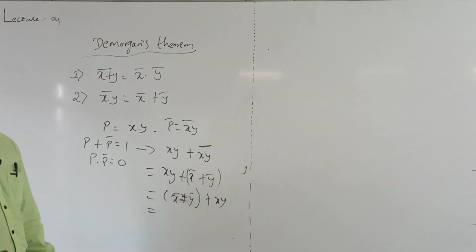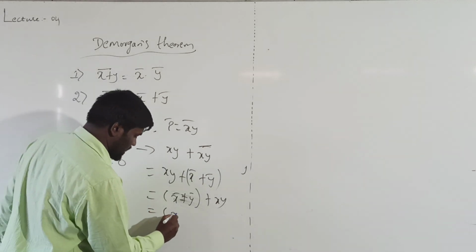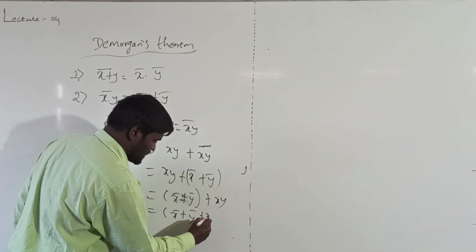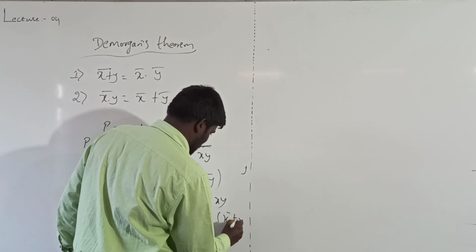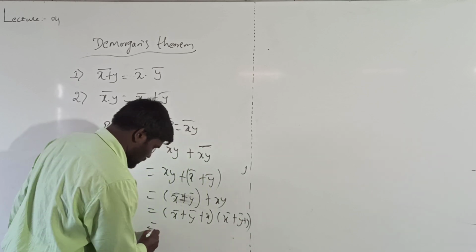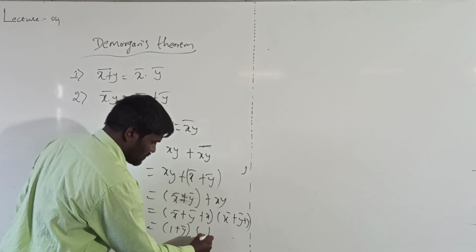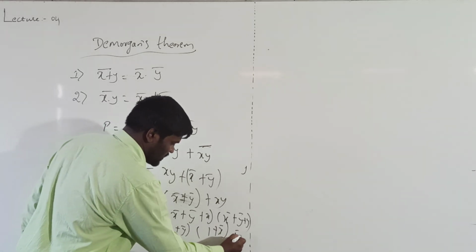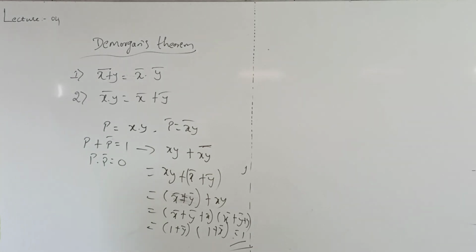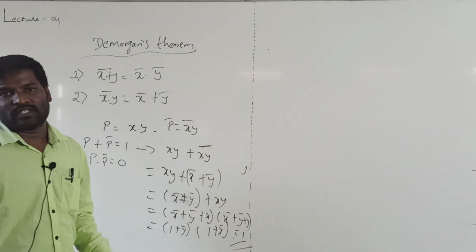After applying the distributive law, it becomes x bar plus y bar plus x, into x bar plus y bar plus y. Finally, 1 plus y bar, 1 plus x bar. Finally, it becomes 1. So similar to the first one.